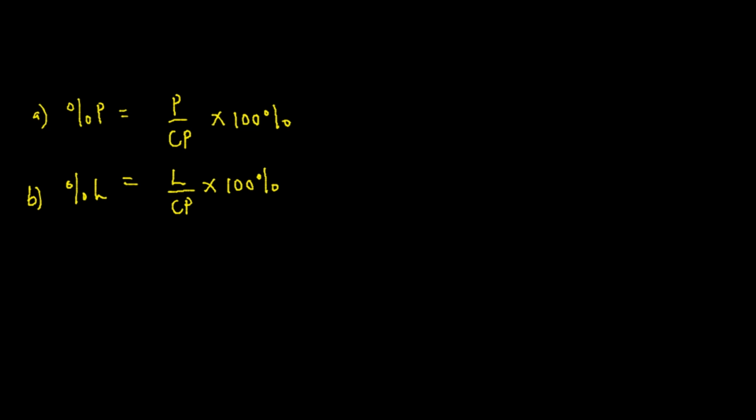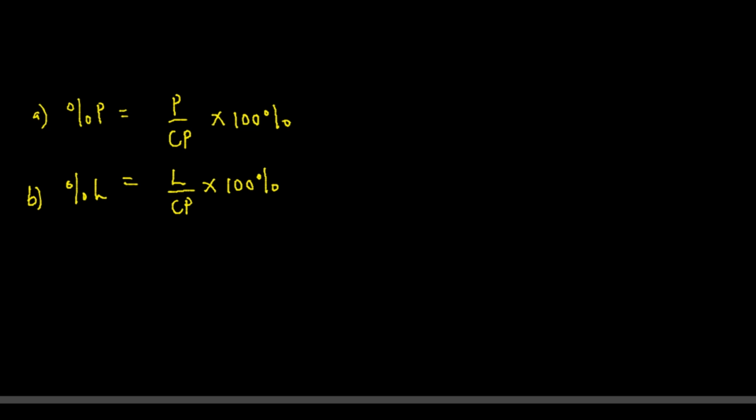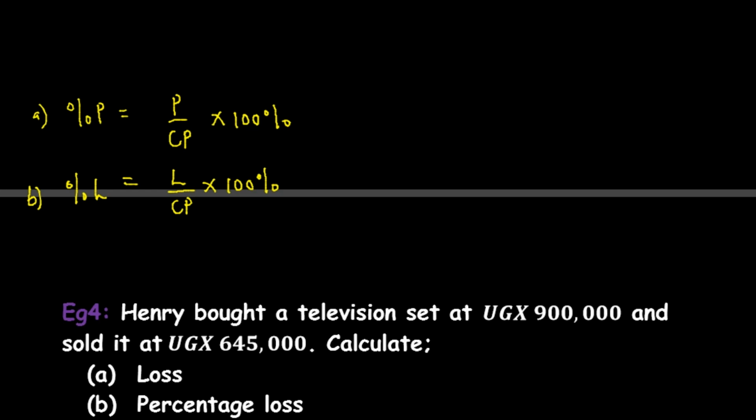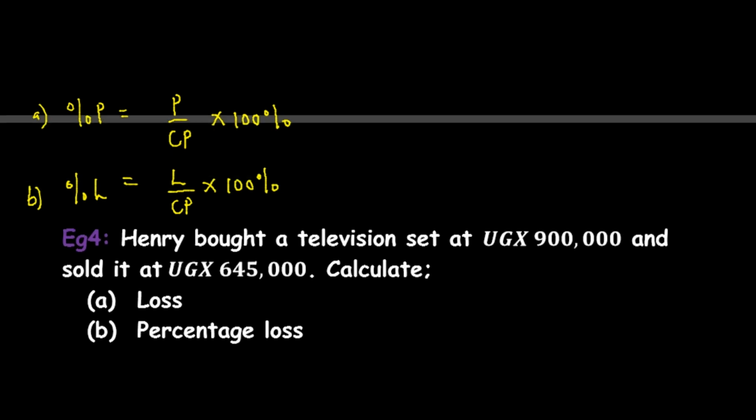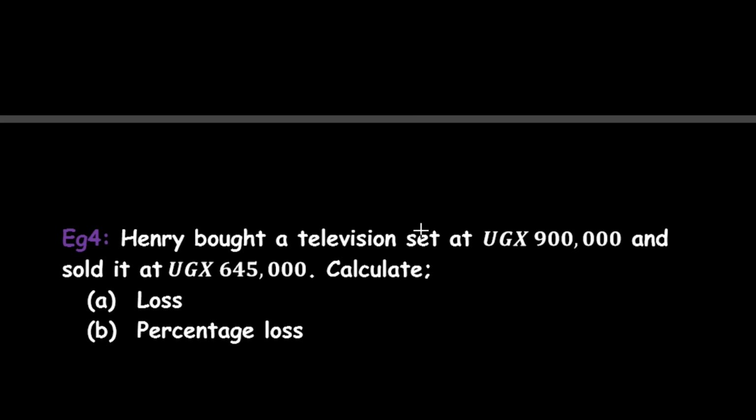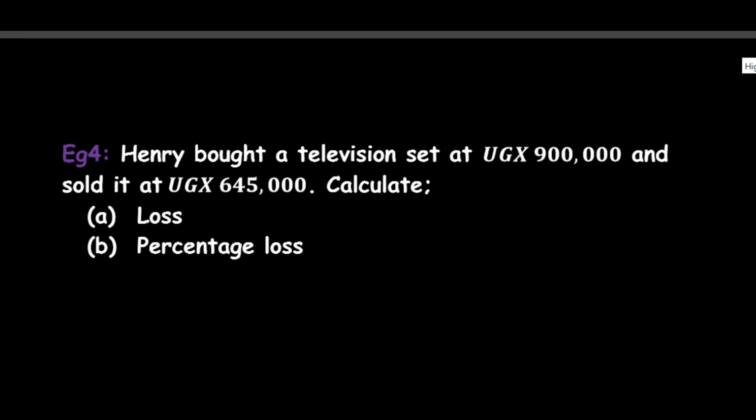Examples. Henry bought a television set at 900,000 Ugandan shillings and sold it at 645,000 Ugandan shillings.